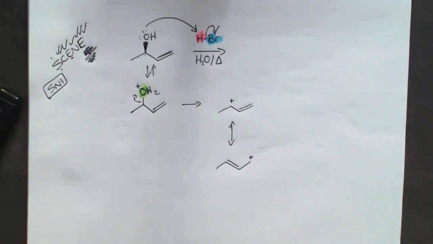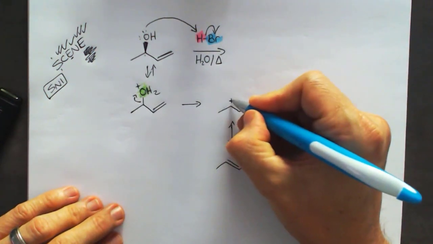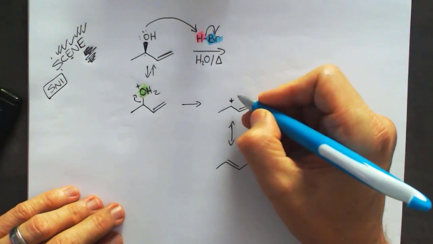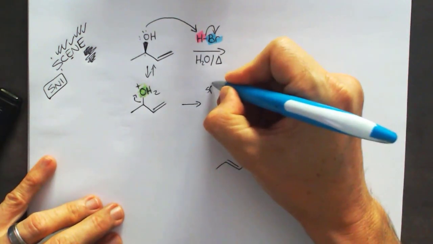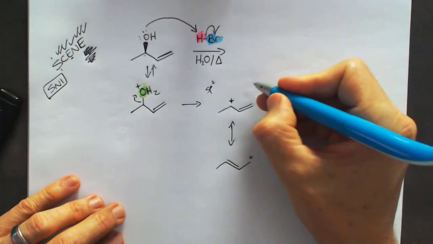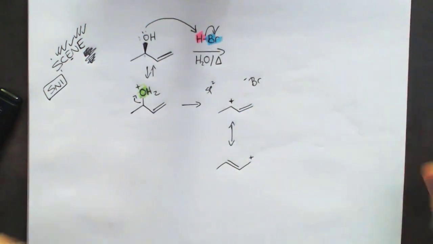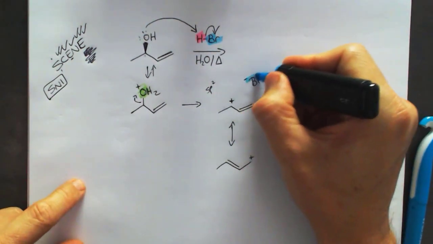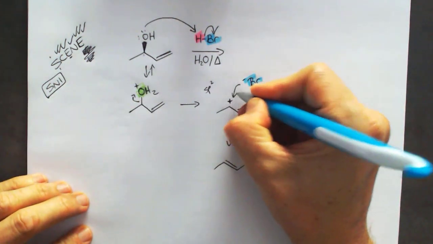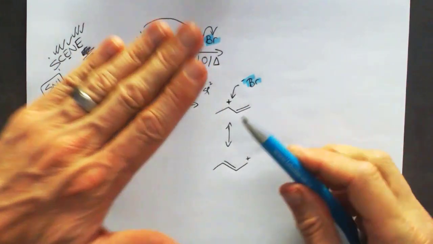Now, a key thing to remember, and I mentioned this in an earlier video that was important about carbocations, is that carbocations are flat. Carbocations are sp2 hybridized, and that means that they're flat. And that means when the nucleophile comes in, so we've got our Br minus, which is the nucleophile, it can add either from the top of this carbocation over here, or from the bottom.